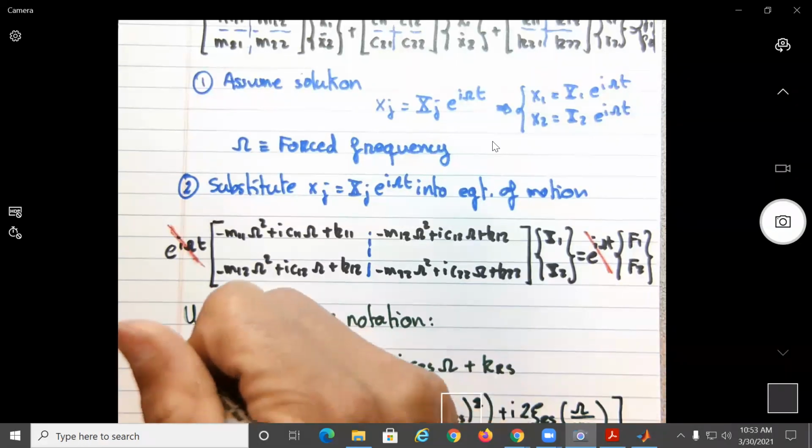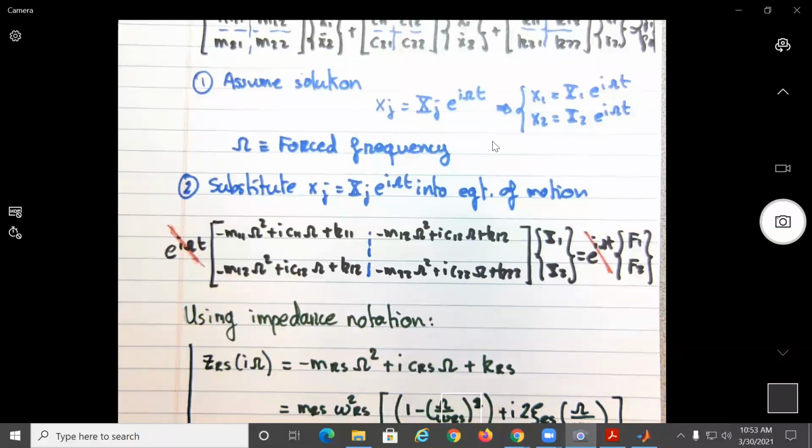In this equation here, r_s will be either equal to 1 or to 2.